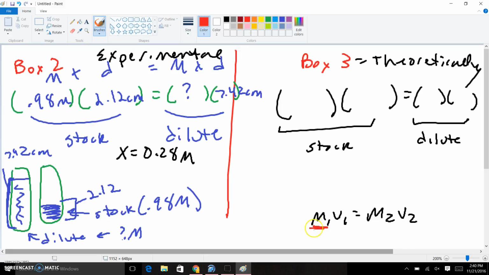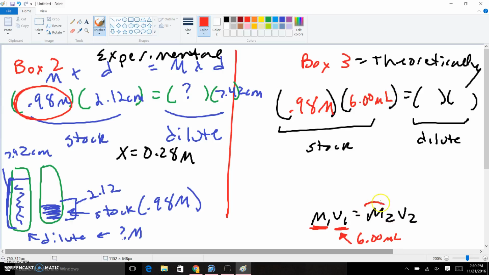So my M1 is the molarity of my stock solution. Like I said, I was assigned to make a 0.98 molar solution from the start, so you'll have to look for that. The V1 is the volume that you used when you tried to dilute it. So that's when I had you take 6 milliliters of the solution and pour it into a test tube. So this is 6 milliliters.